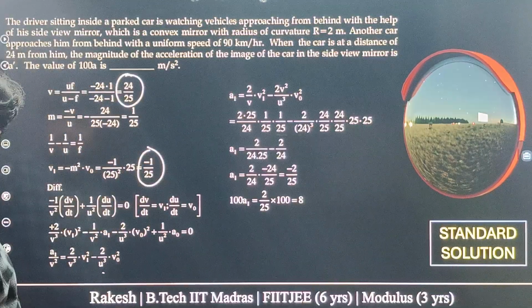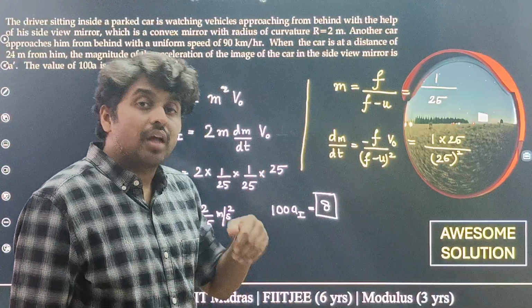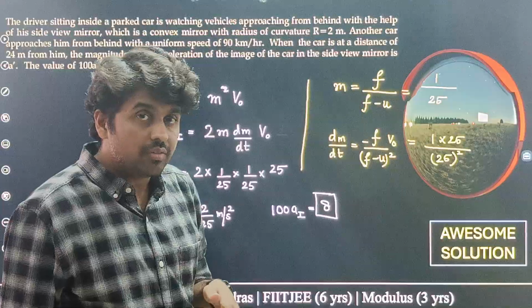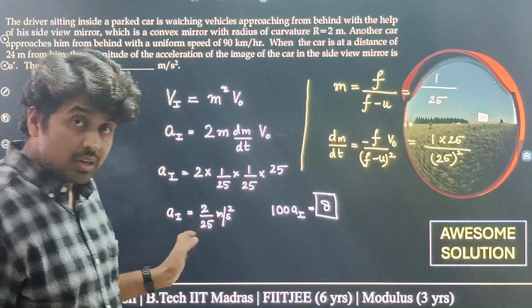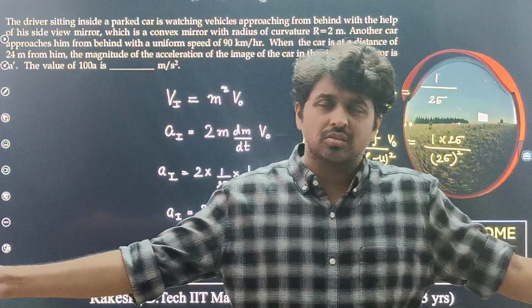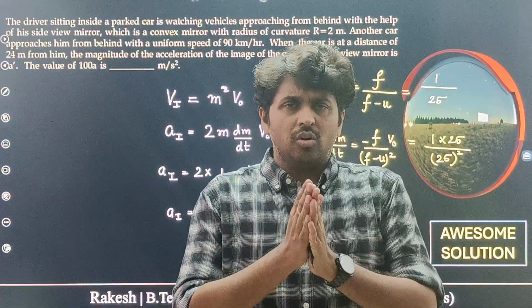Here we are eliminating that. We are neither finding the position of image nor the velocity of image; we are directly moving on to the acceleration of image. I hope you liked this smart way to solve a lengthy problem. See you all. Bye bye.